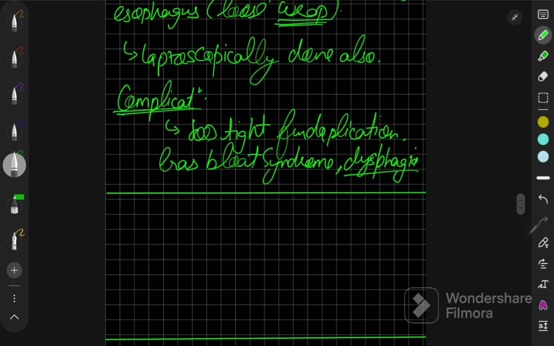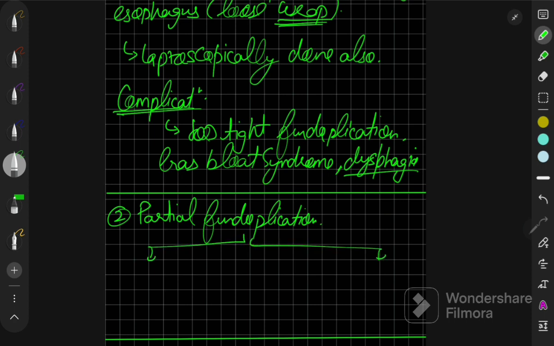Then we have two others that are subdivided. Partial fundoplication. That is Toupet and Dor. Toupet is the 270-degree posterior fundoplication.